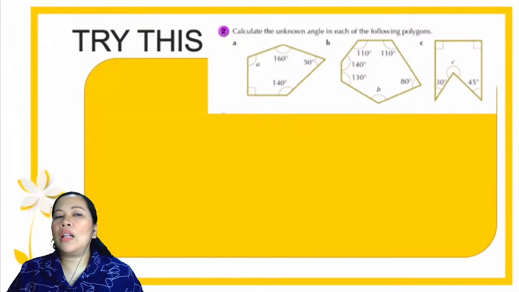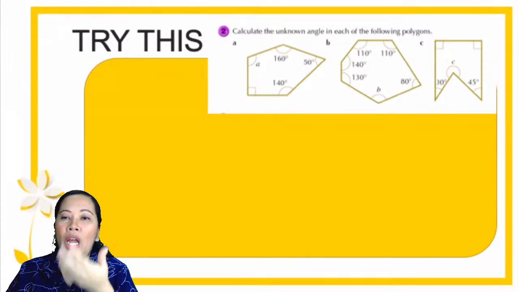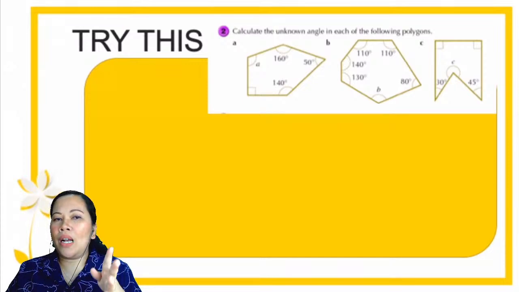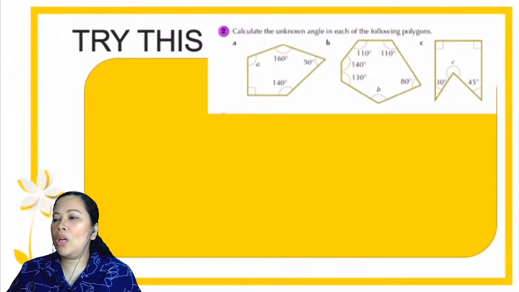You are asked to calculate the unknown. The unknown here is A. So the first thing that you have to check is, what is the number of sides? The number of sides for letter A is 1, 2, 3, 4, 5.